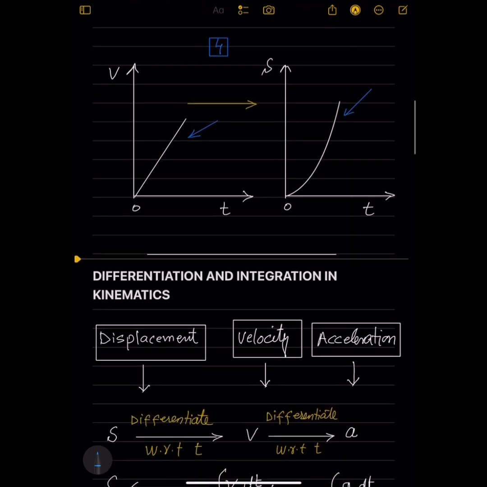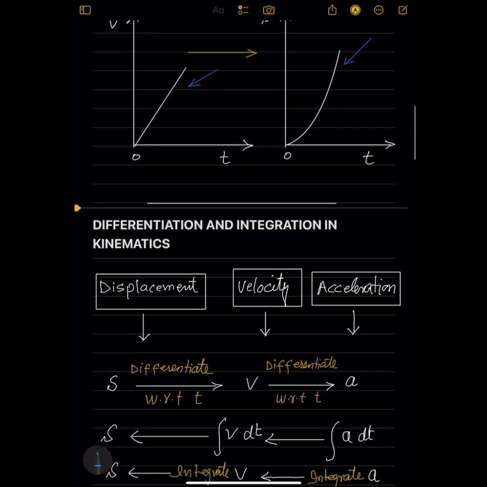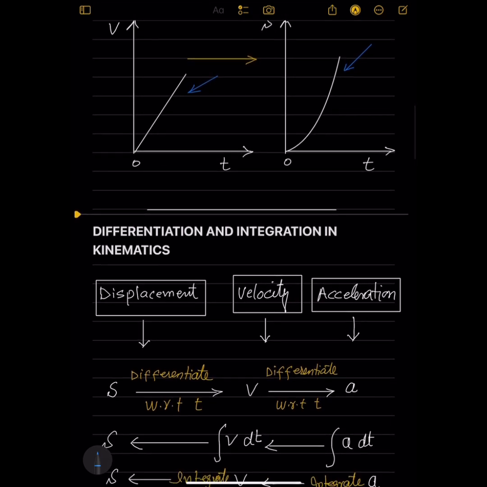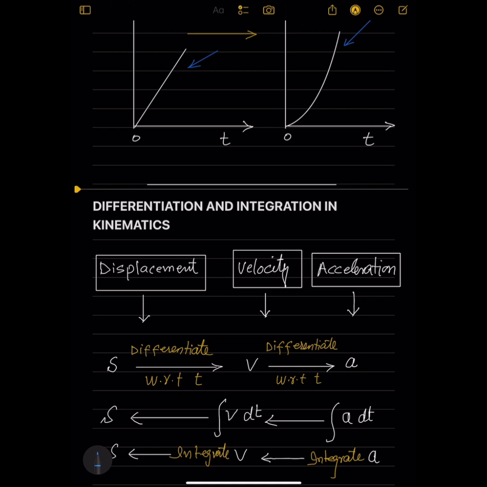Next concept in kinematics is differentiation and integration. In the first box there is displacement, the second is velocity, and then acceleration.